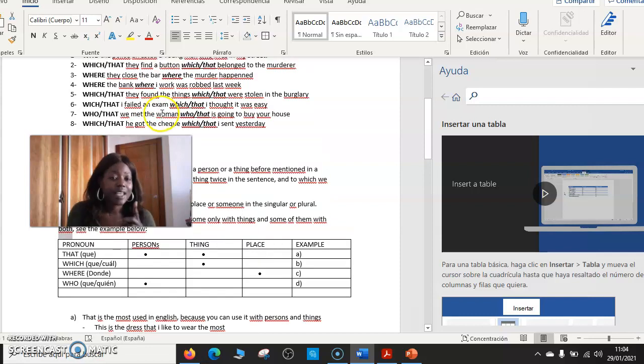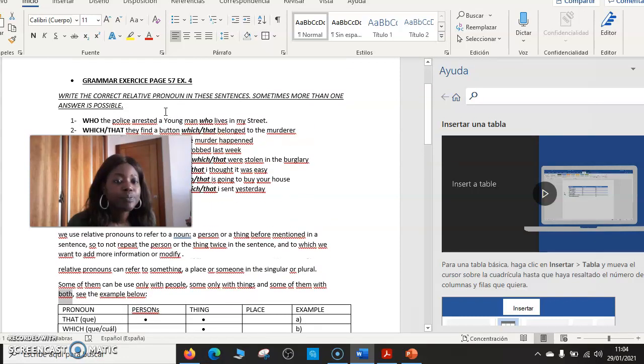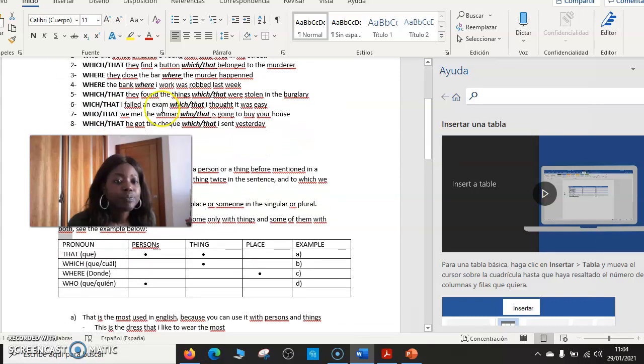I want to talk about the sentences where we can use more than one pronoun. Like, for example, sentence number 5 of the exercise. You can use it with which or that.